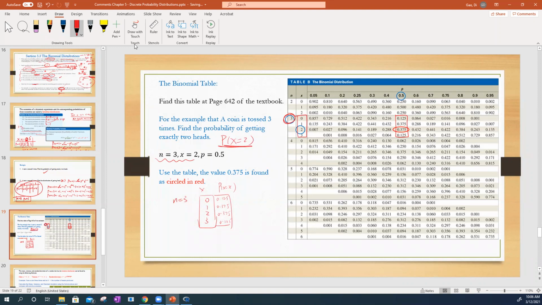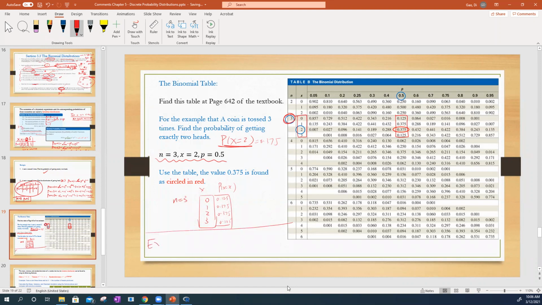Locate p equals 0.5 in the table, and then circle x equals 2, 0.375. You got that number from the table.